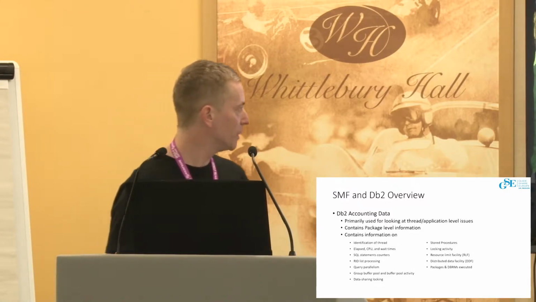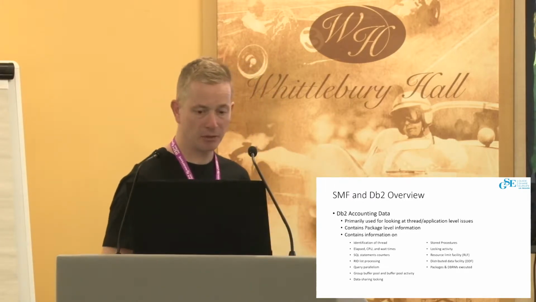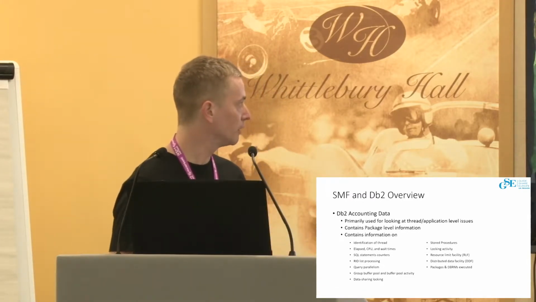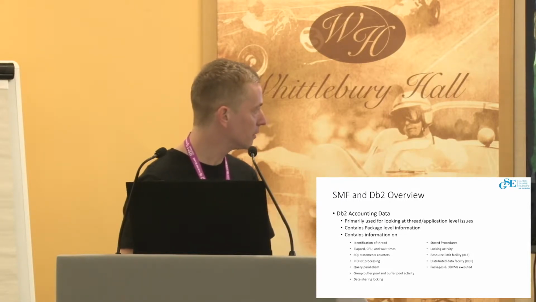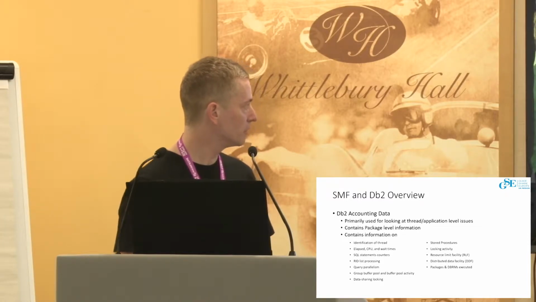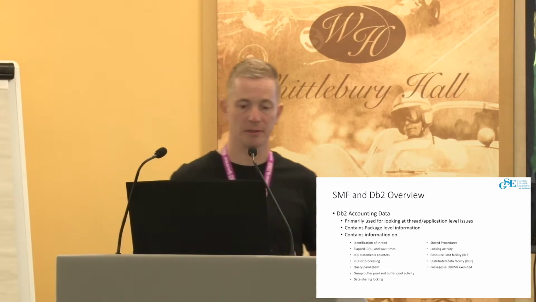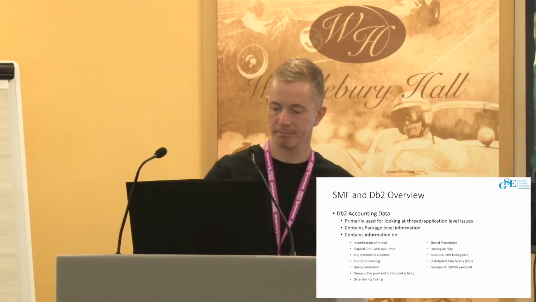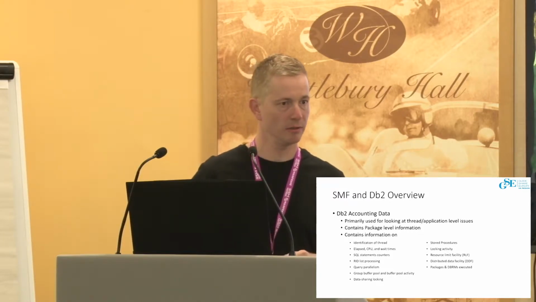You've got information on locking activity, your group buffer pool and buffer pool activity, data sharing locking, otherwise known as global locking, and also that lower-level detail in packages and DBRMs executed, and also information on your distributed thread activity. Okay, any questions on that so far?